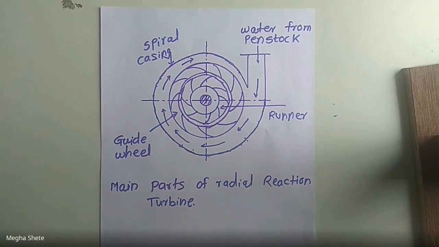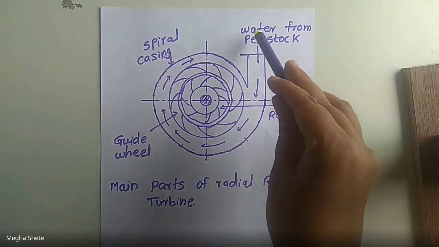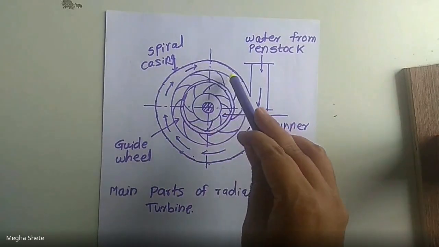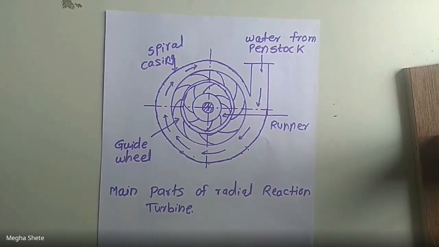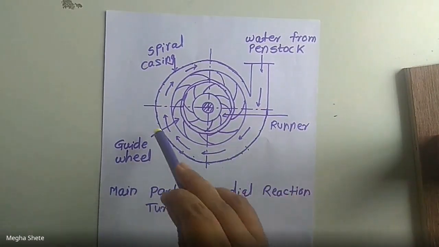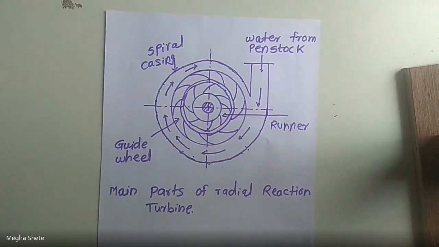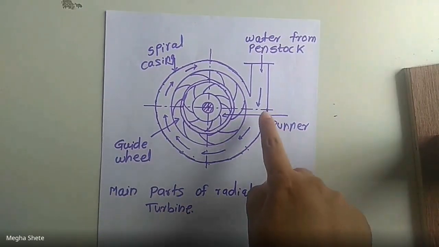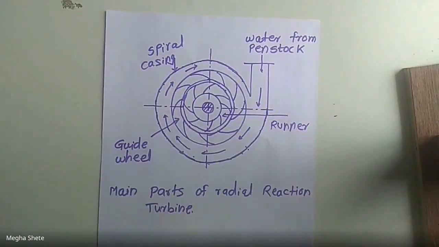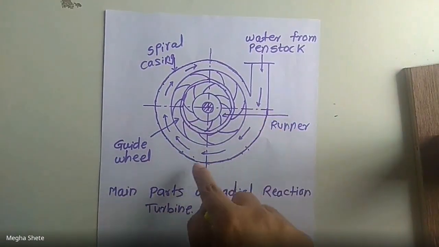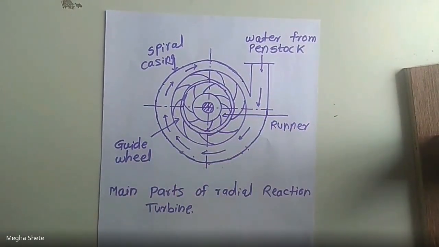Casing and runner are always full of water. The water from the penstock enters the casing, which is of spiral shape and in which the area of cross section of the casing goes on decreasing gradually.